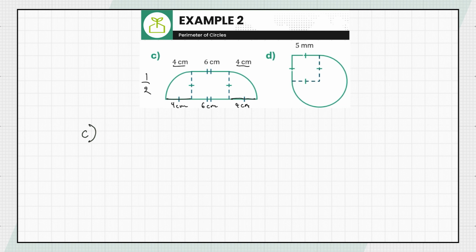So when determining this entire, both of these arcs, instead of doing them separately, we can do them as one thing. So our arc will be equal to 1/2 multiplied by our pi multiplied by our diameter, which in this case is 8.